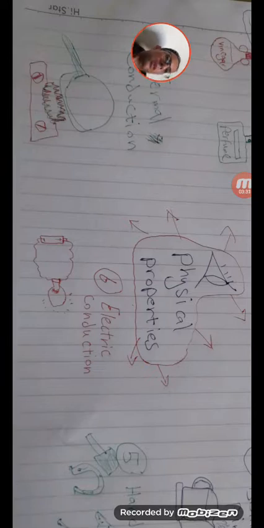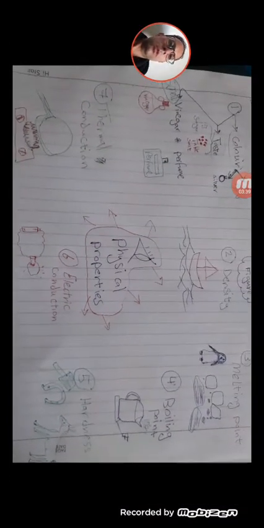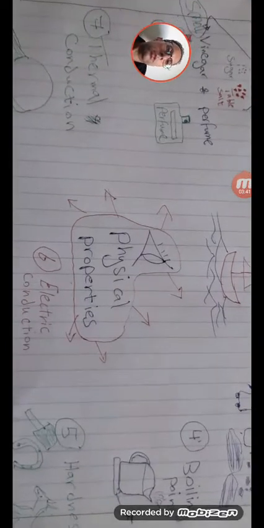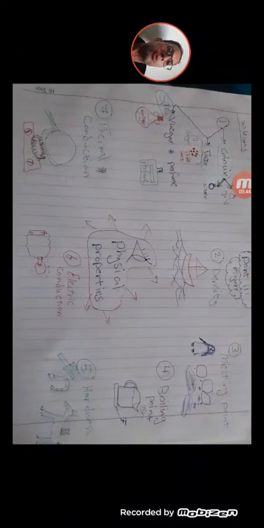Electric conduction: how electricity makes a light on a battery. Also there is thermal conduction, and this is the last point about physical properties we use to distinguish. An important word we'll use all the time: a property which distinguishes matter for us.